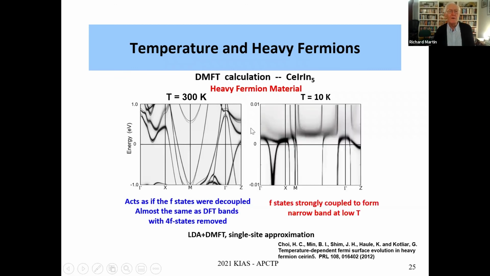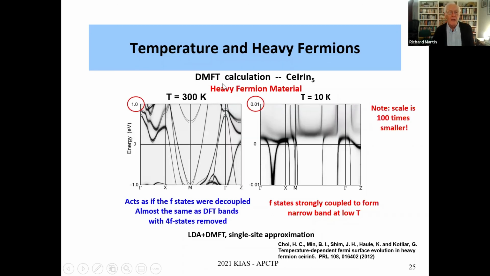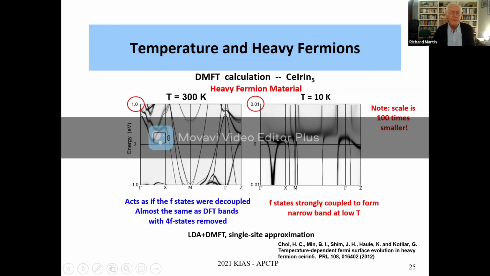On the other hand, if you go down to low temperature, you see developing some sharp features near the Fermi energy. And note the energy scale. This is magnified by a factor of 100. So something that you barely could even see on this scale is the interesting bands on this very narrow scale.